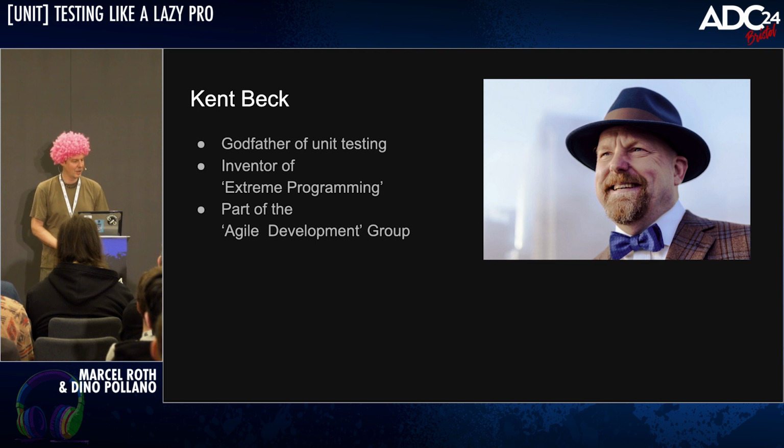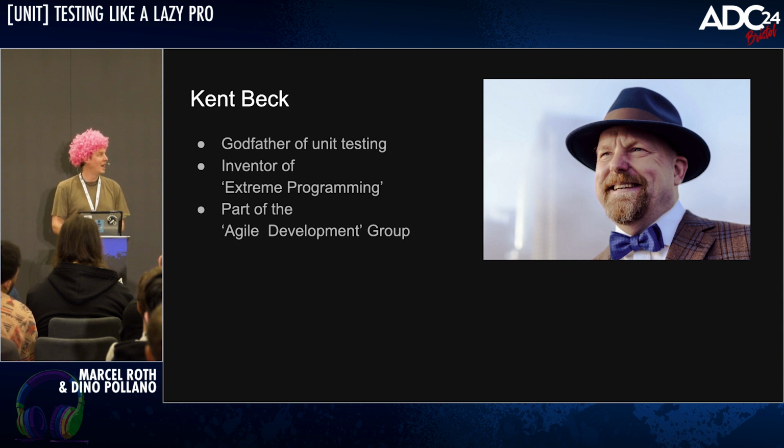Then a quick word on Kent Beck. He's somewhat, I would say, said to be the godfather of unit testing, although from what I've seen on Wikipedia, there's been people before him doing this stuff. He is the inventor of extreme programming, a term that he doesn't like anymore from what I've heard, because it's drawn the wrong crowd.